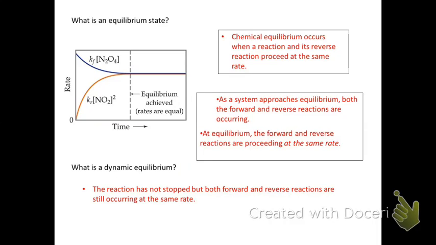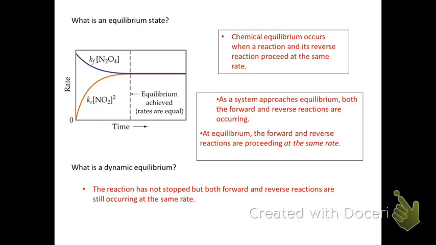Now, this leads us into equilibrium. Because processes, both chemical processes and physical processes, are reversible, this can lead us to an equilibrium state. And what do we mean by this equilibrium state?